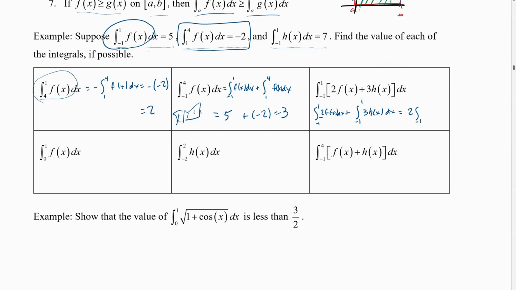So 2 times the integral from -1 to 1 of f of x plus 3 times the integral from -1 to 1 of h of x. 2 times that integral is 2 times 5. 3 times that integral is 3 times 7. So that's like 10 plus 21. That looks like that is 31.